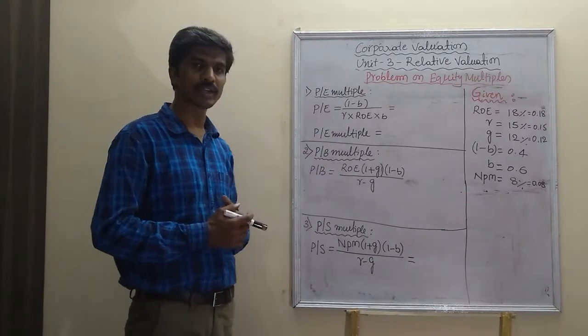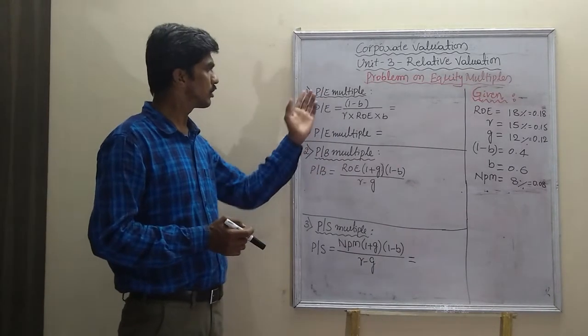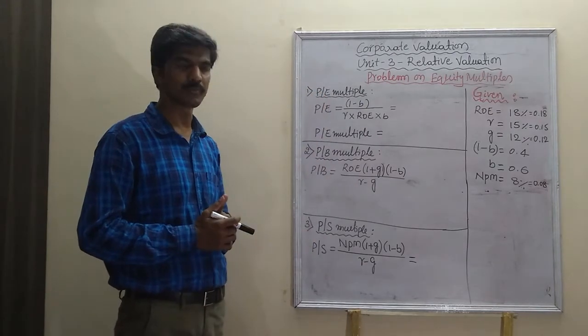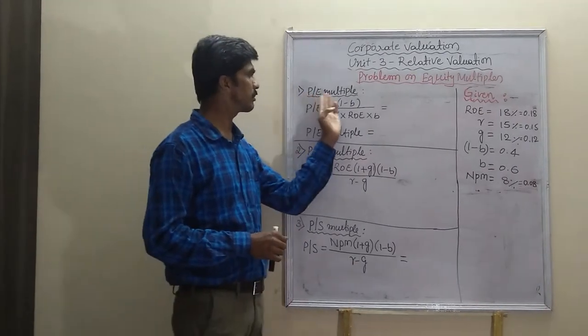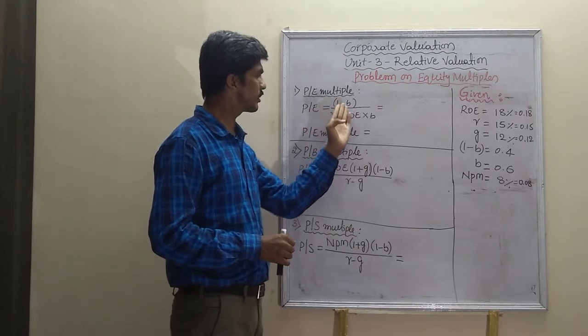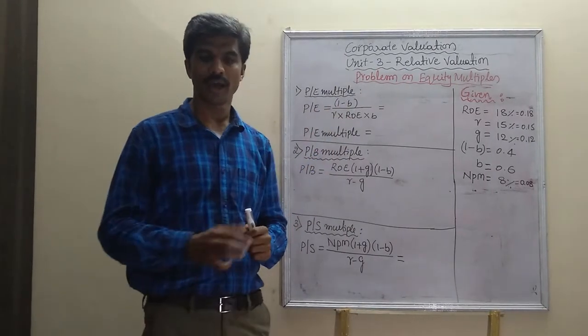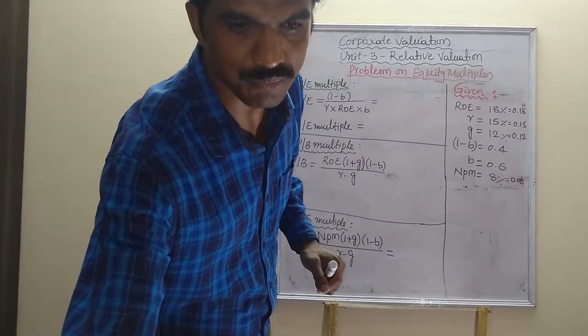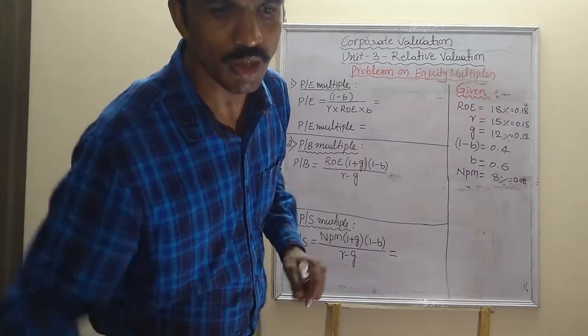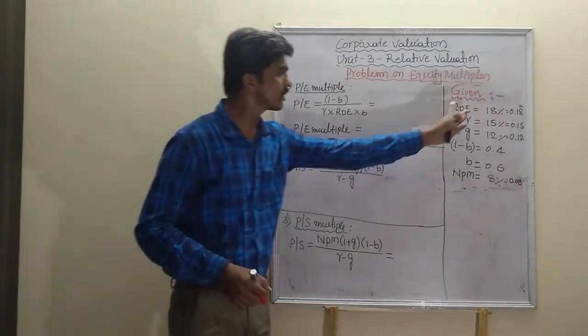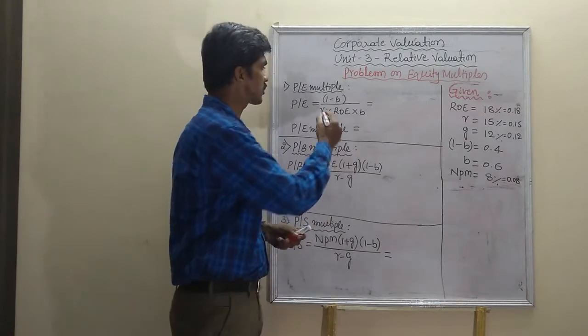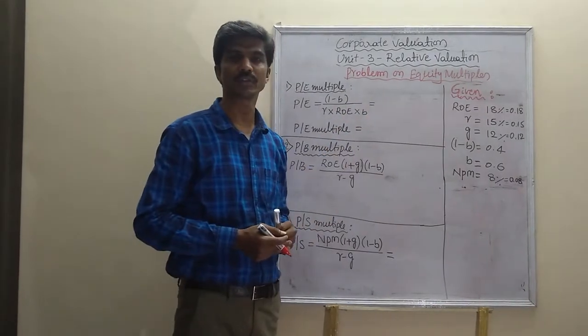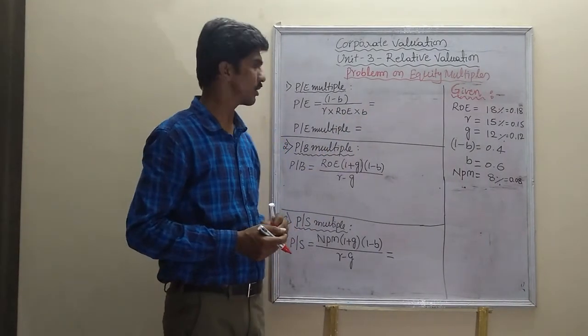Now we move on to the calculation part of equity multiples. The first multiple is the PE multiple, wherein here is the formula I have given to you, and you can have the given things here and substitute over here and arrive at the values of the multiple.